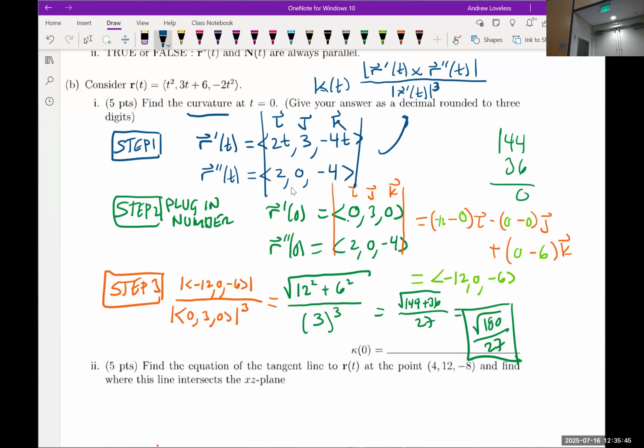I find that still not very helpful because in the few times I've worked with my dad and we had to make a circle, you almost always are given the radius. And so there's a connection between these two numbers. If you compute the curvature of something, it turns out that 1 over that is what we would call the radius of curvature.